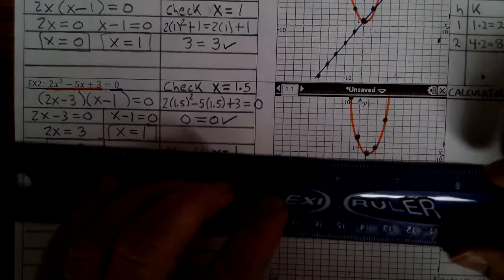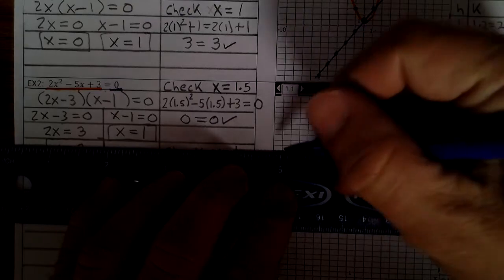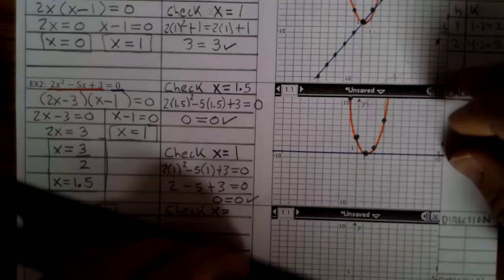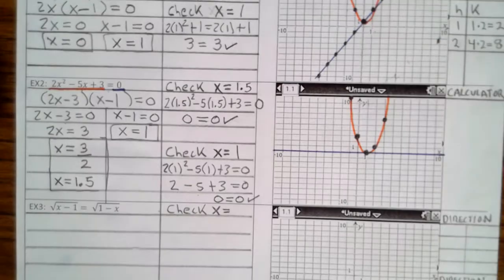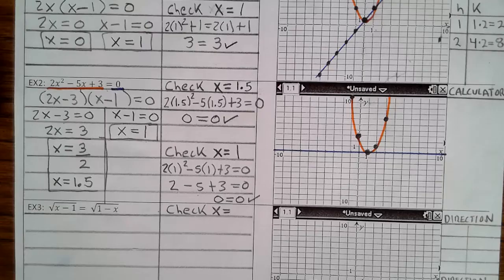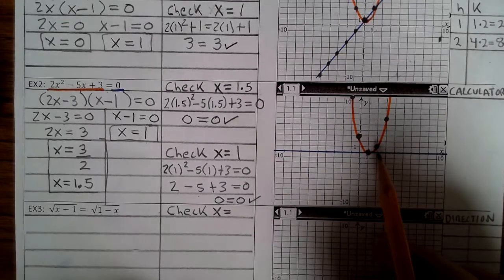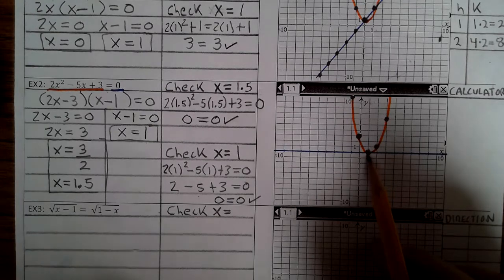Now, you can see here that it definitely crosses it when x is 1, 0, but it's really hard to see when x is 1.5 to see where it intersects, okay? So this is, again, where you can use a calculator to find the intersection point.